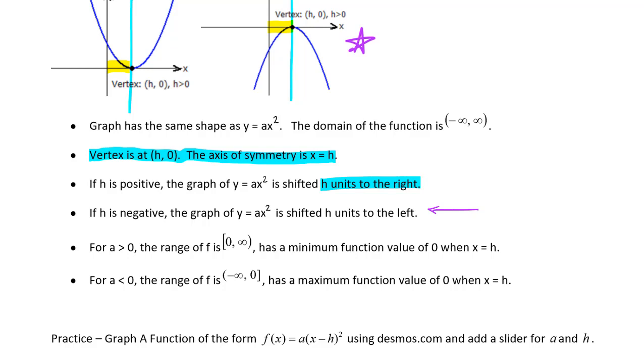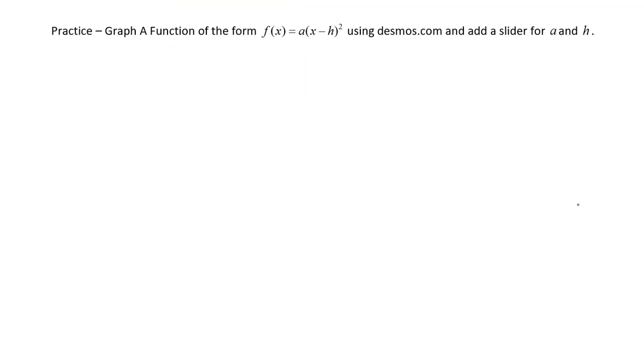Now you're welcome to try this by manipulating a function of this form. Let's go ahead and graph a function of the form f(x) equals a(x minus h) squared using Desmos.com and add a slider for a and h.